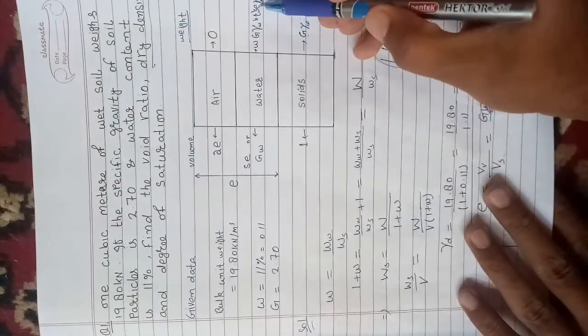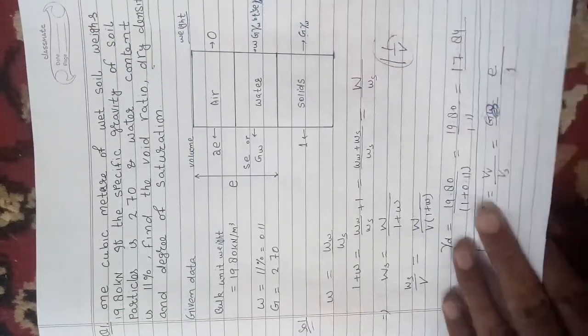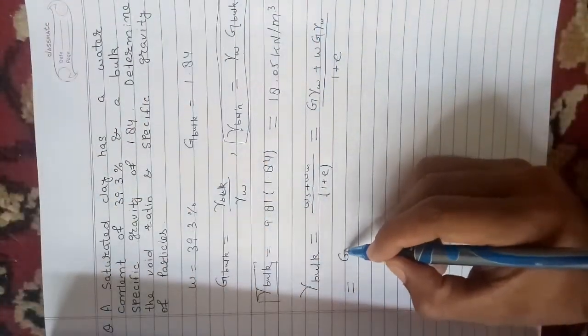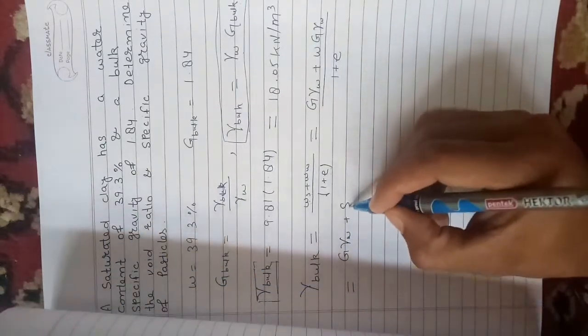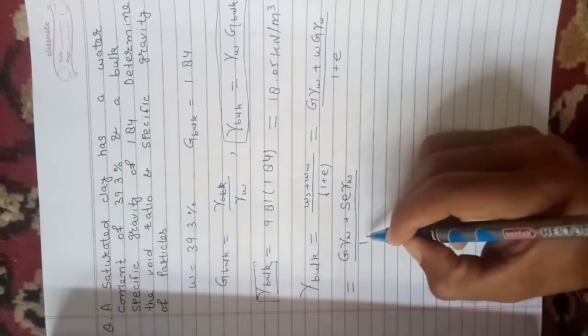Or we can use this formula. This is saturated, so the degree of saturation is 1 in this case. So you can use this one: G into the unit weight of water plus S into e into the unit weight of water, divided by 1 plus e.